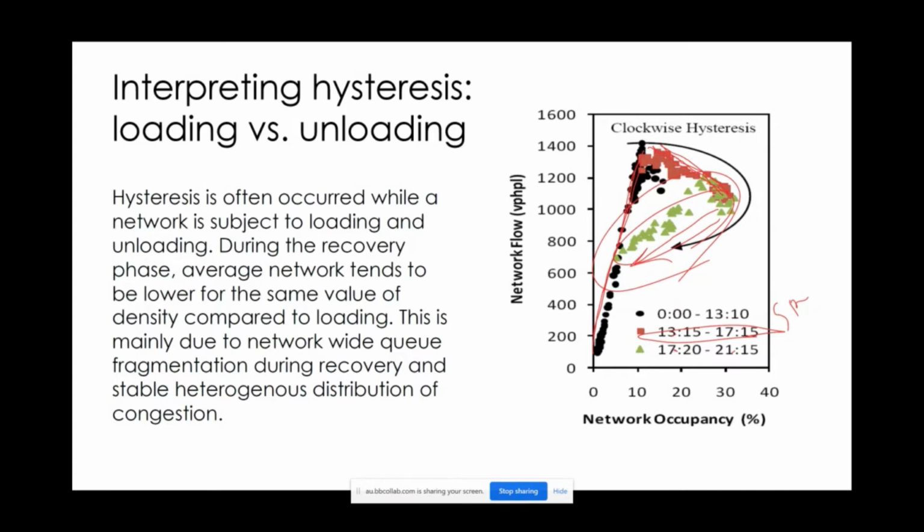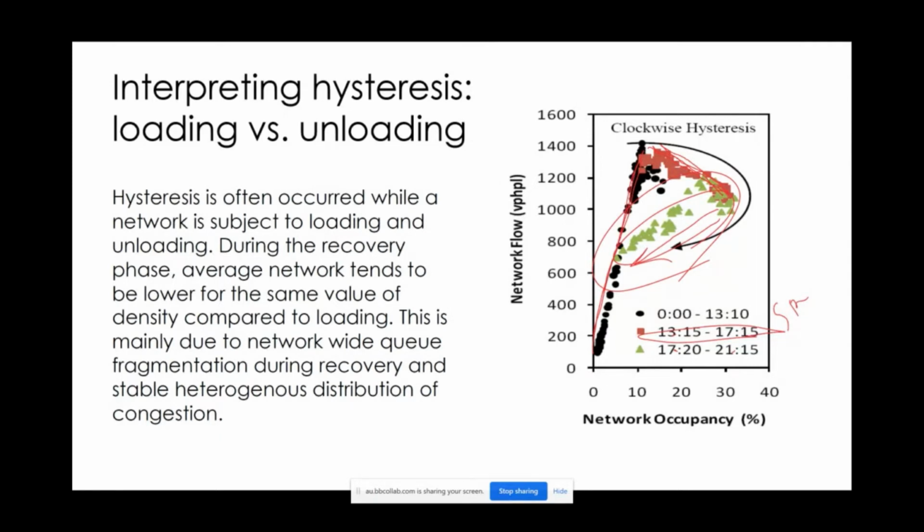And again, this suggests a very interesting phenomenon in network traffic, that recovery is inherently heterogeneous. Network traffic, when it is recovering, is inherently very heterogeneous compared to the loading, or when it's becoming congested. And a very similar phenomenon was previously also observed at the link level, where when a queue is forming on a link, it usually forms very gradually and homogeneously.